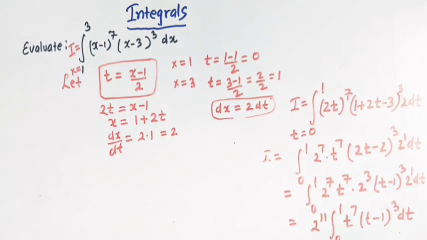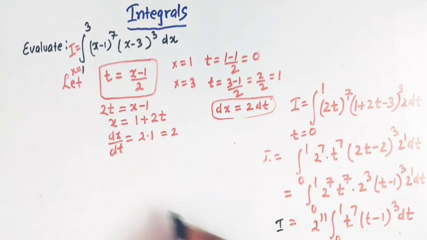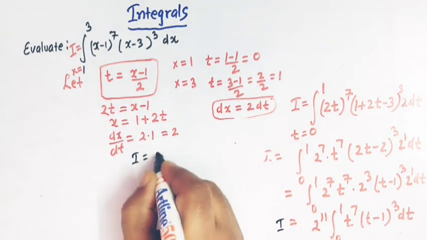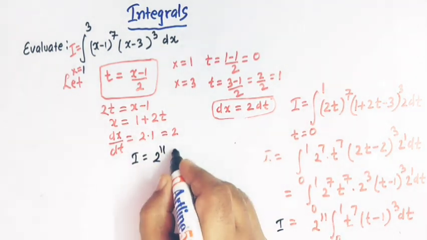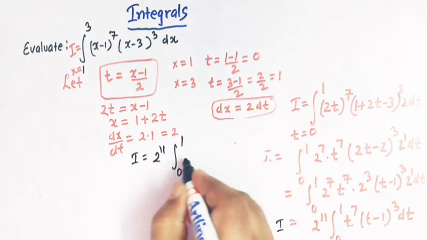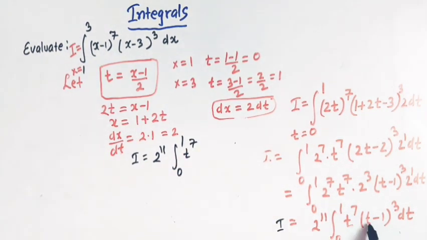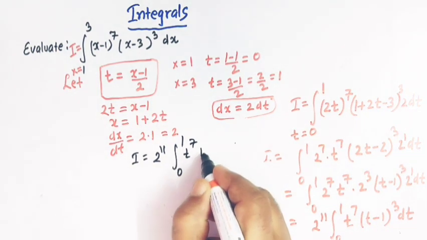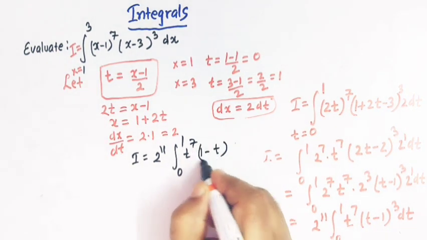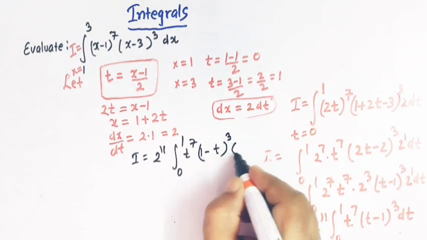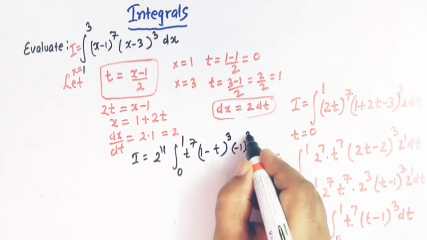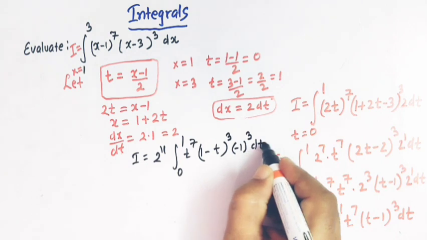So now we can write this integral I as 2 raised to 11, integral from 0 to 1, t raised to 7, and here we have t minus 1, so we can write 1 minus t raised to 3, taking minus 1 raised to 3, and here we have dt, right?